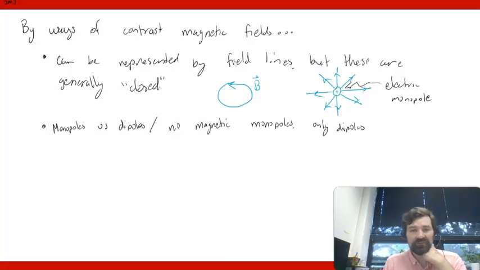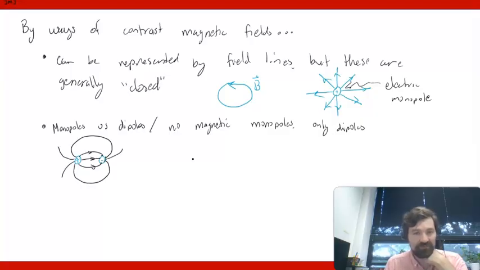The electric field for a dipole would be like a plus and a minus charge combined, and what you end up getting is a field that looks basically like this. Out here you end up having field lines like so and like so.